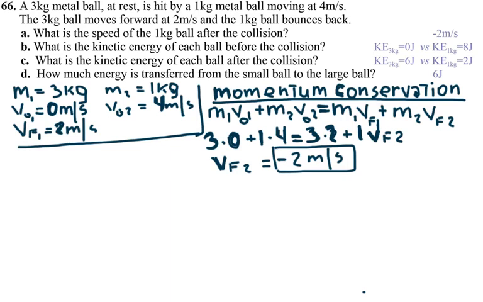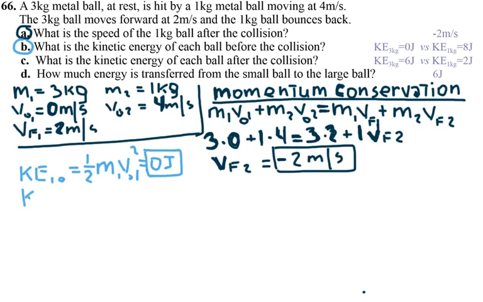Now, what is the kinetic energy of each ball before the collision? This was my A, this is going to be my B. The kinetic energy of the first one, initial, is equal to 1/2 m1 v initial 1 squared, which is 0 joules because it was not moving.